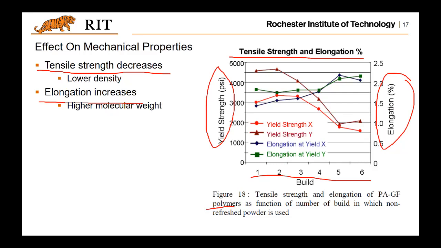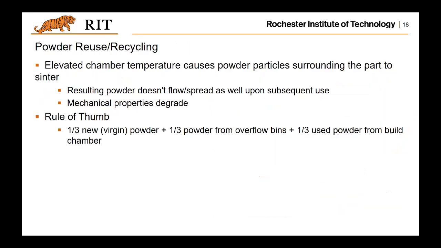So in that sense, we need to understand how we could reuse and recycle the powder. Even if the powder has not been melted during the process, you can only reuse it for a certain amount. So what you usually do is use 1/3 new powder and 1/3 powder from the overflow bins.